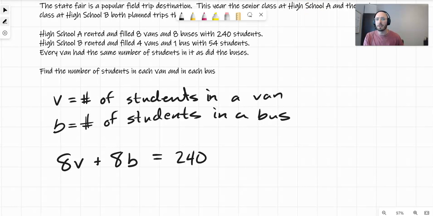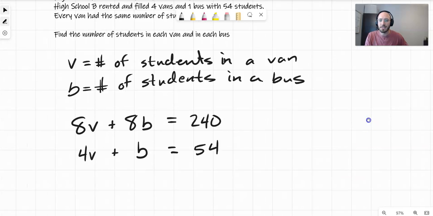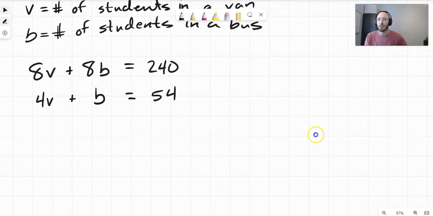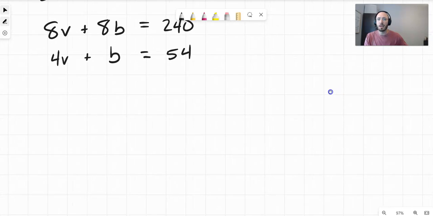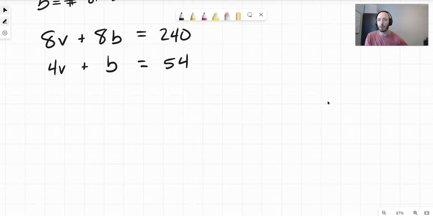High School B rented and filled 4 vans and 1 bus with 54 students. So that would be 4V plus 1B, which is just B, equals 54 students. So that is my system of equations. We have 8V plus 8B equals 240, and 4V plus B equals 54.